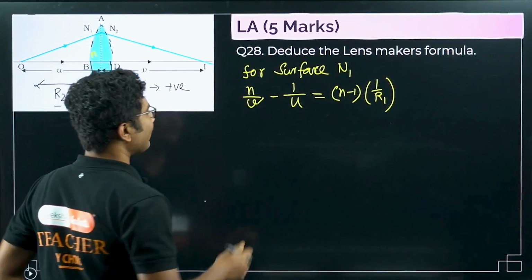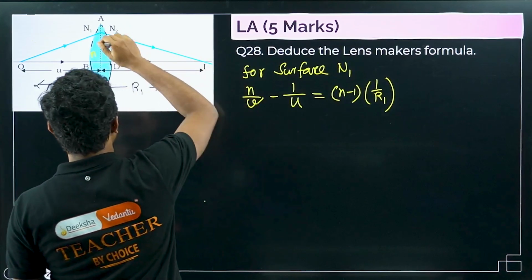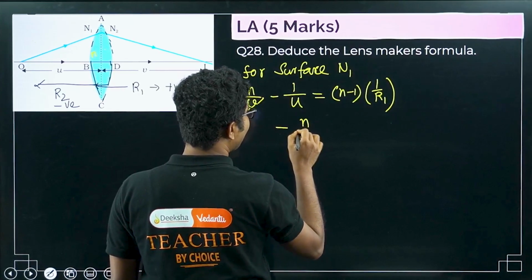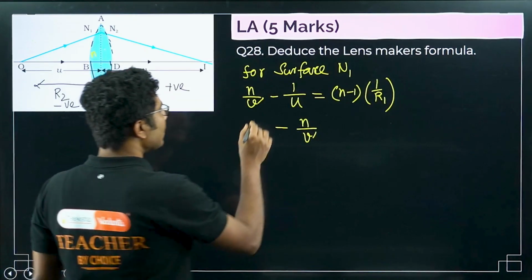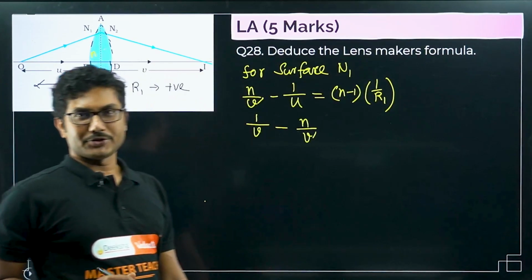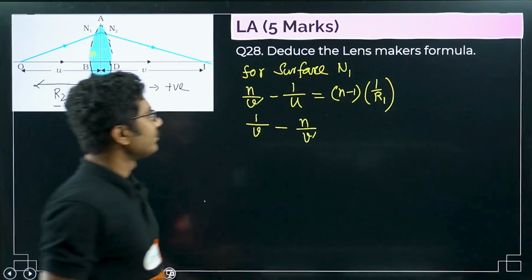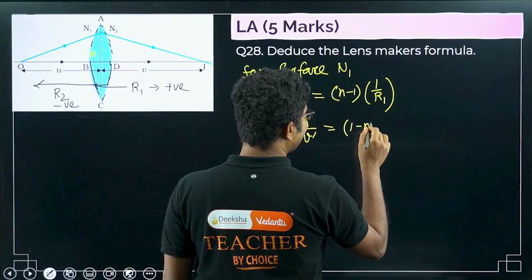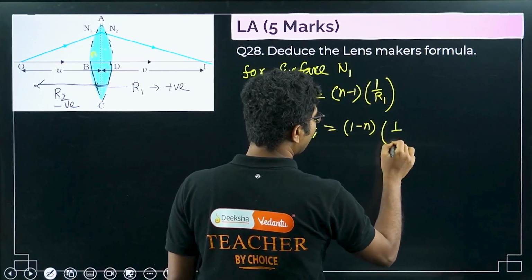What is the next surface? For the second surface, now the object is inside the lens, so instead here it will be minus n by v dash, and the final image is outside in air, so air's refractive index divided by the final image distance, right? 1 by v minus 1 by u, so that is how we write. So now this will be equal to 1 minus n times 1 by R2.